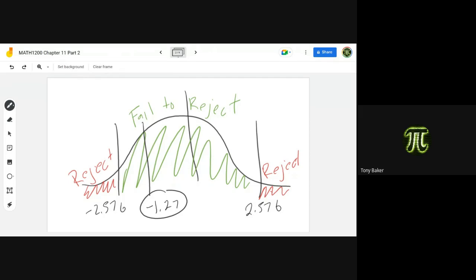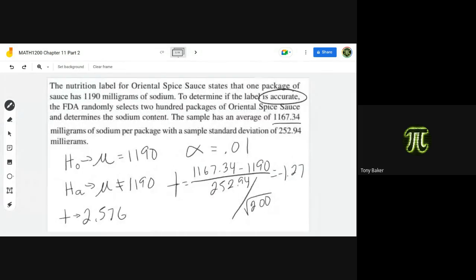So in this case, it is in the fail to reject column. Based on the data we have, the FDA would fail to reject the concept that the sodium is different than labeled.